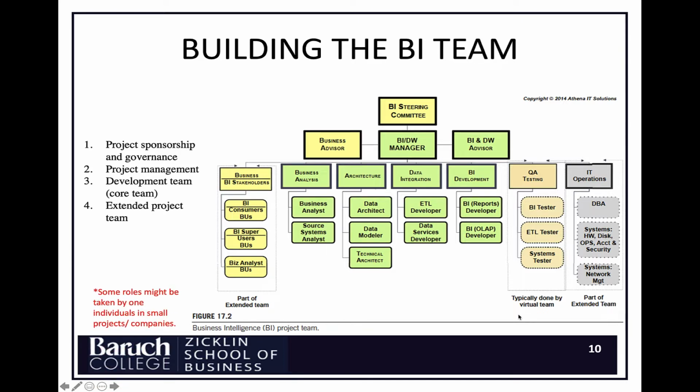If a company is sizable and the project is relatively large, we might have these roles filled with one or more than one people. But if we're dealing with a small project, it's possible that an individual might take up some of the roles that are shown in this hierarchy.